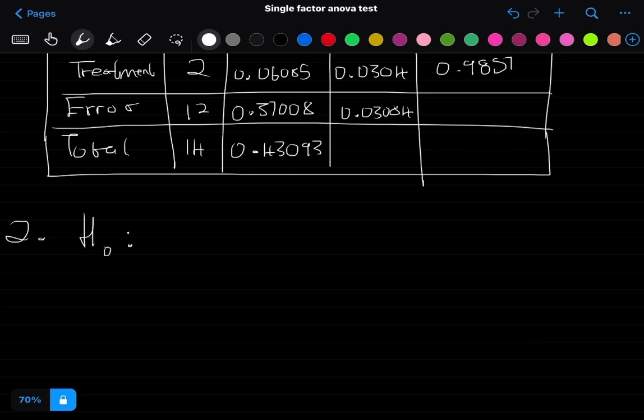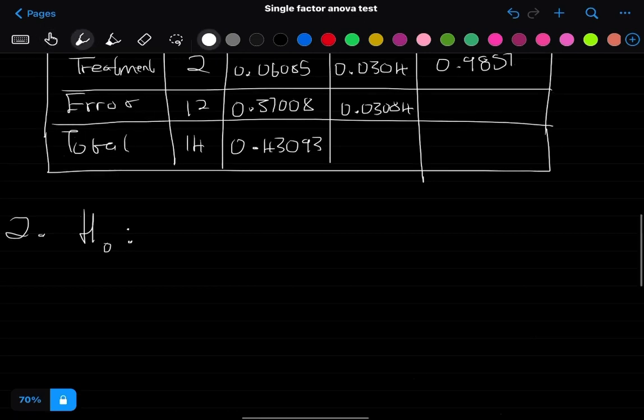Our null hypothesis will be population mean of treatment number 1 is equal to that and that.